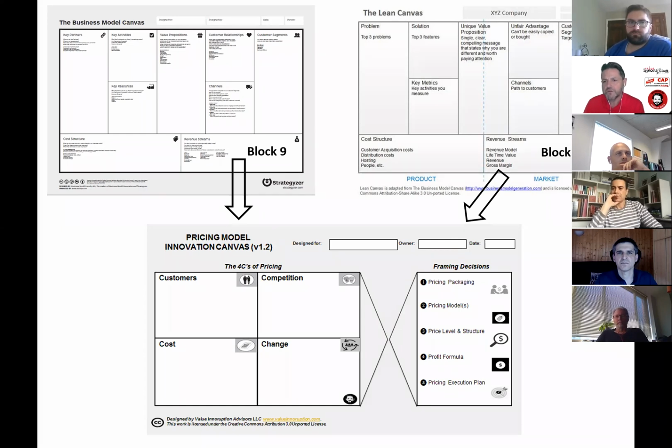So it brings confidence, it shows that you're professional in your work, and it also connects the pricing canvas to the business model canvas and the lean canvas. People love these canvases, so why not do our own canvas, right? If you want it, the canvas is available on the CAP group.